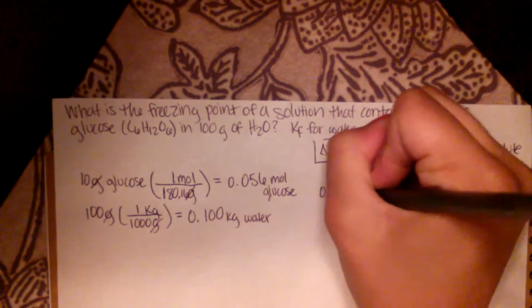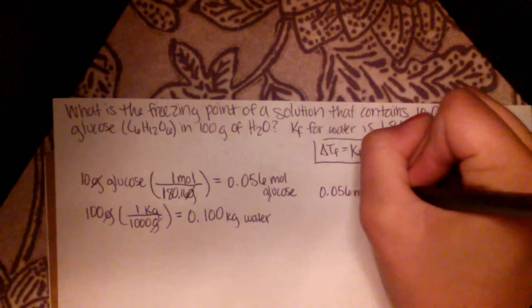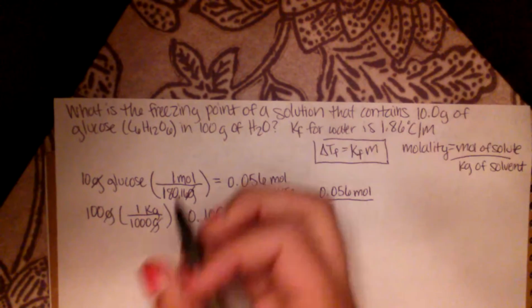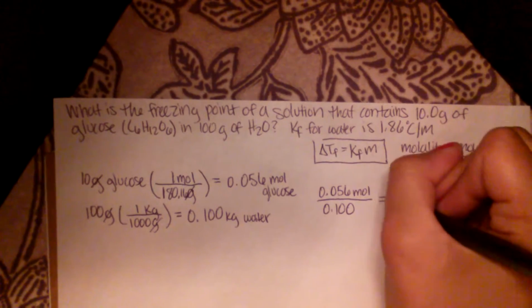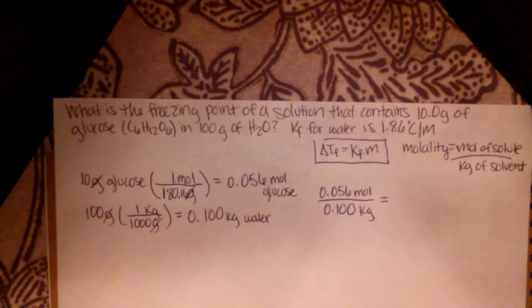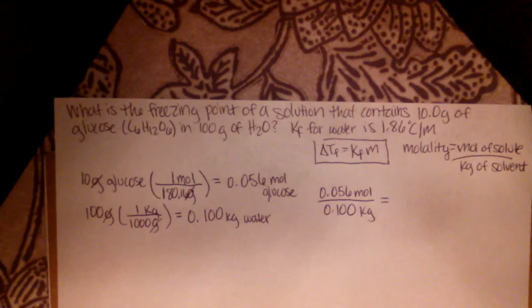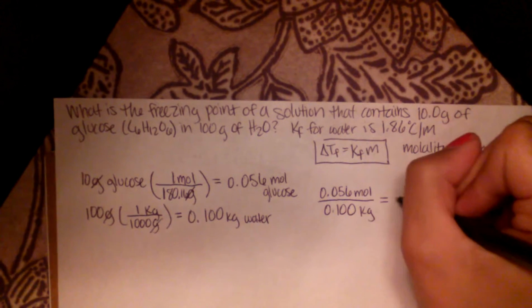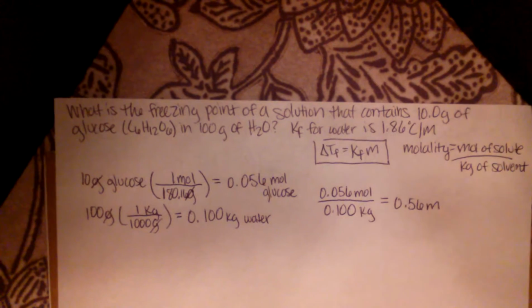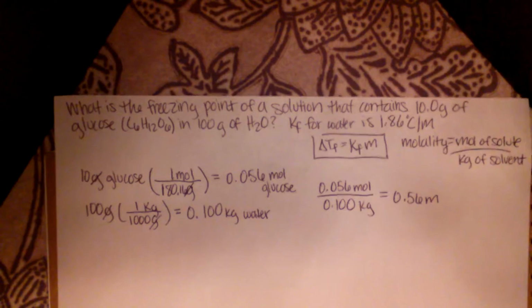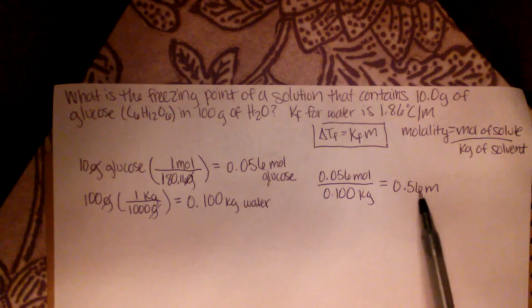So now we just set up our formula correctly. So our moles of solute over our kilograms of solvent, and we solve. And when we divide these two, we get 0.56 molality. So again, now we have our molality value.